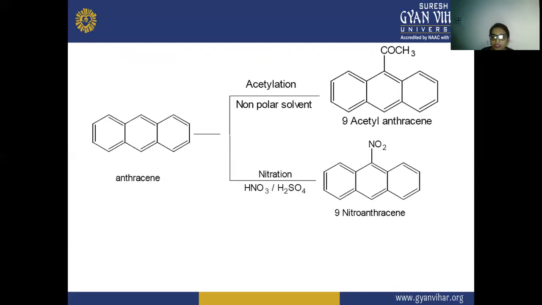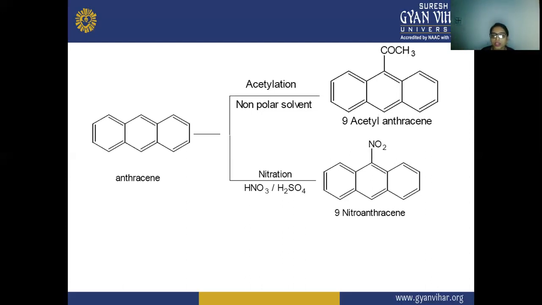Next, in anthracene, electrophilic substitution can occur by acetylation, and this occurs in a non-polar solvent. So in this case we are taking a non-polar solvent, and when anthracene is undergoing acetylation, the acetyl group attacks the ninth position, and there is a formation of 9-acetylanthracene.